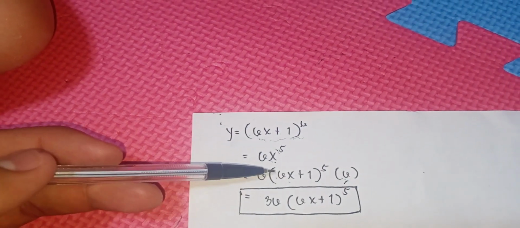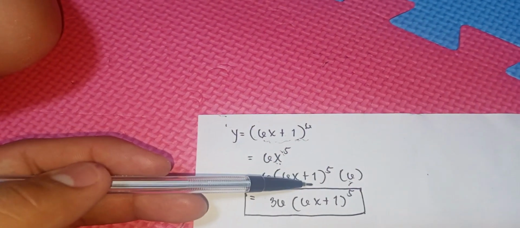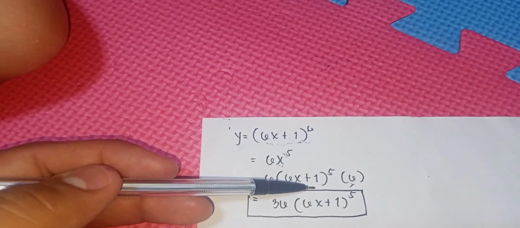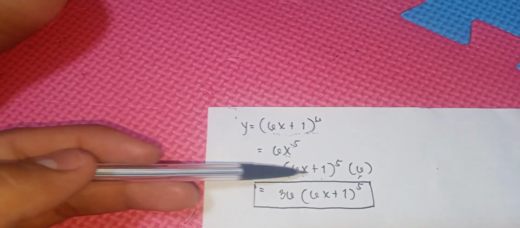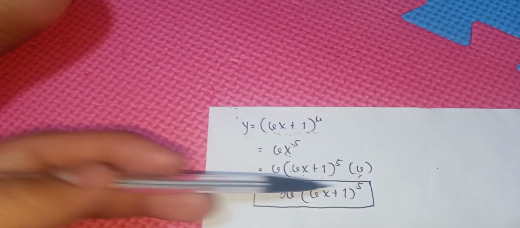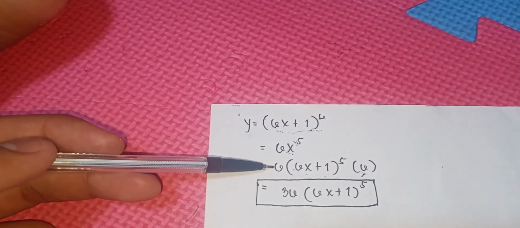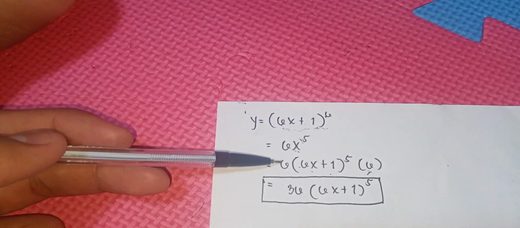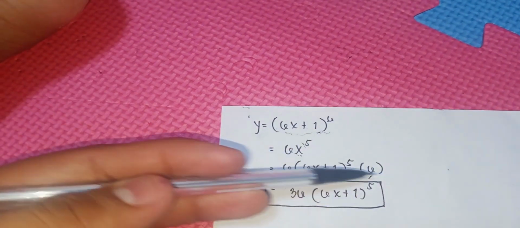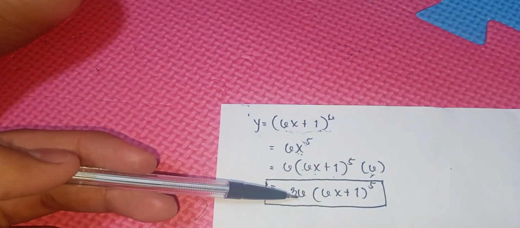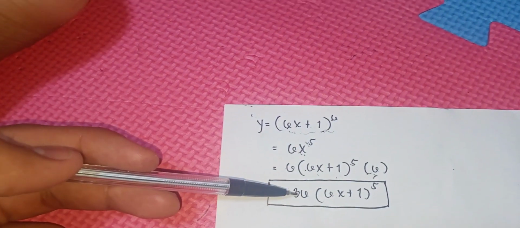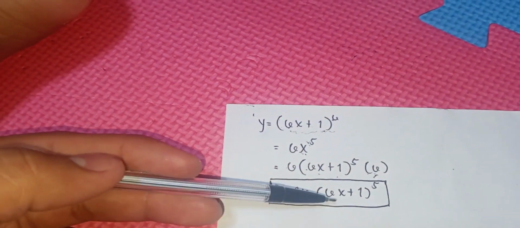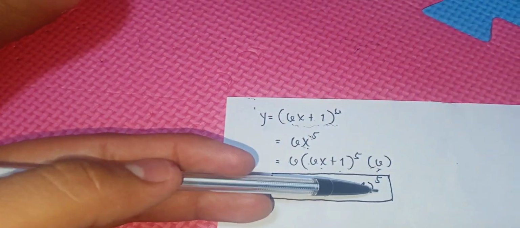The derivative of 6x is 6, and the derivative of a constant is 0. So the derivative of the bracket differentiated is 6, so we put this one. Then we multiply 6 by 6, we get 36, and copy this one. So we will get the answer of 36 multiplied by (6x + 1)^5.